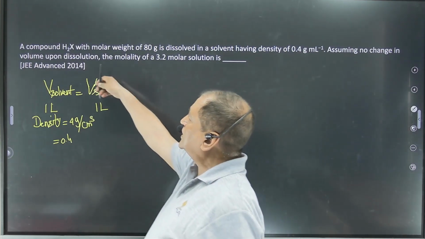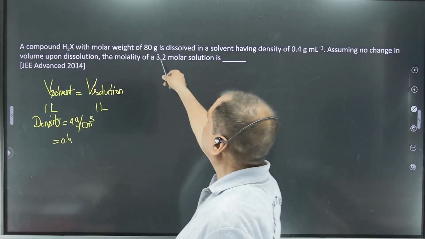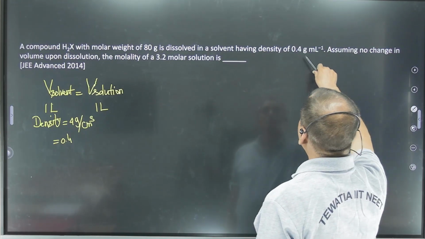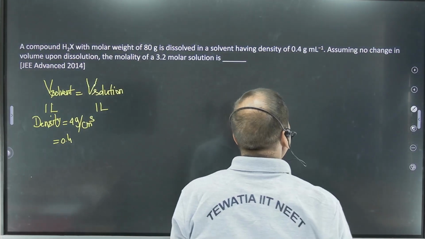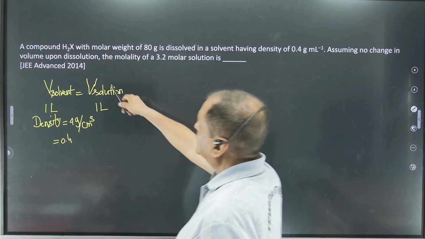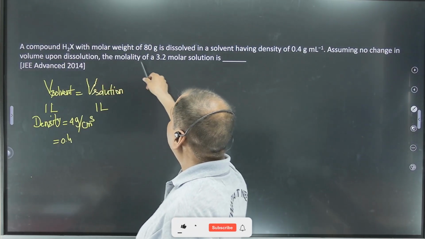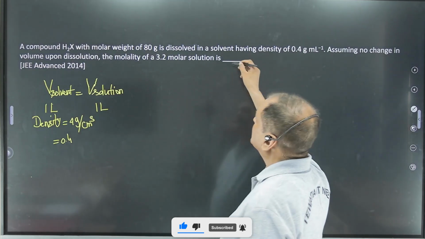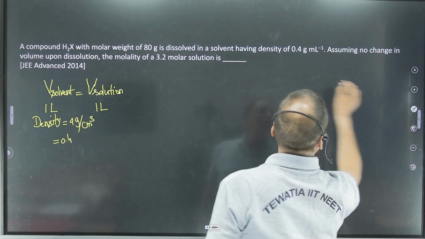Compound H2X with molar weight of 80 gram is dissolved in a solvent having density of 0.4 gram per milliliter. Assuming no change in volume upon dissolution, the molality of a 3.2 molar solution is how much?